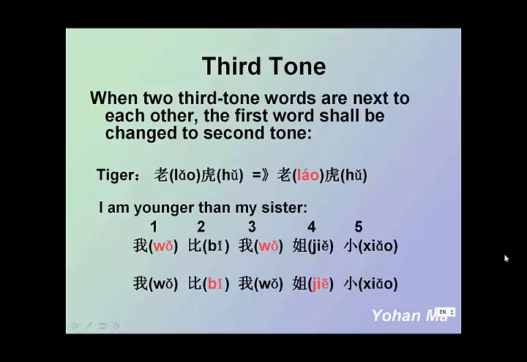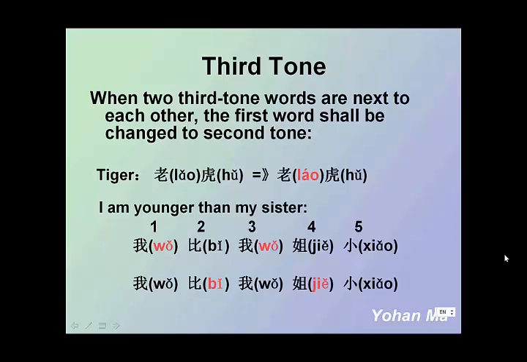They are all pronounced with the third tone if each is by itself. 我, that means I. 比, compared to. 我, my, or I. But here, 我姐 means my sister, 姐, sister, especially older sister. 小, small, or young. The whole sentence says, I'm younger than my sister.